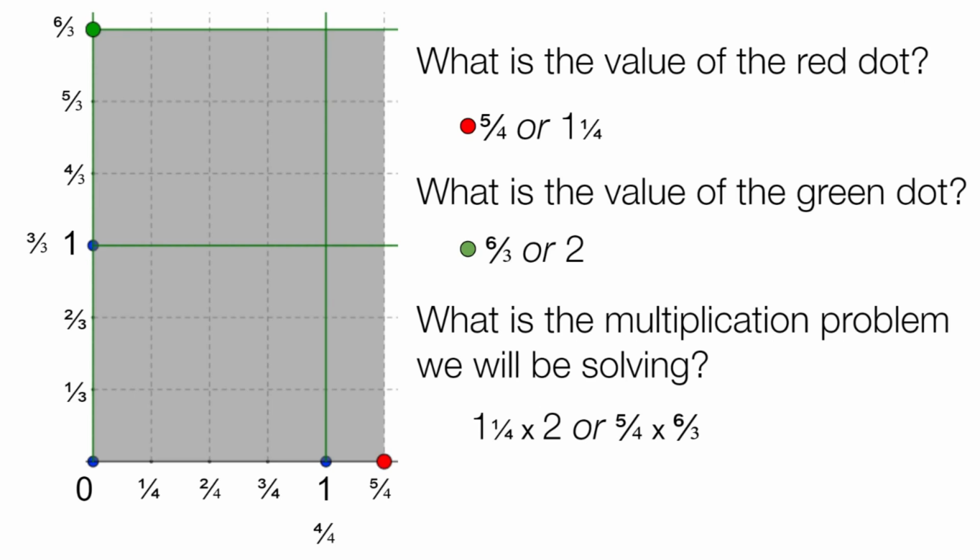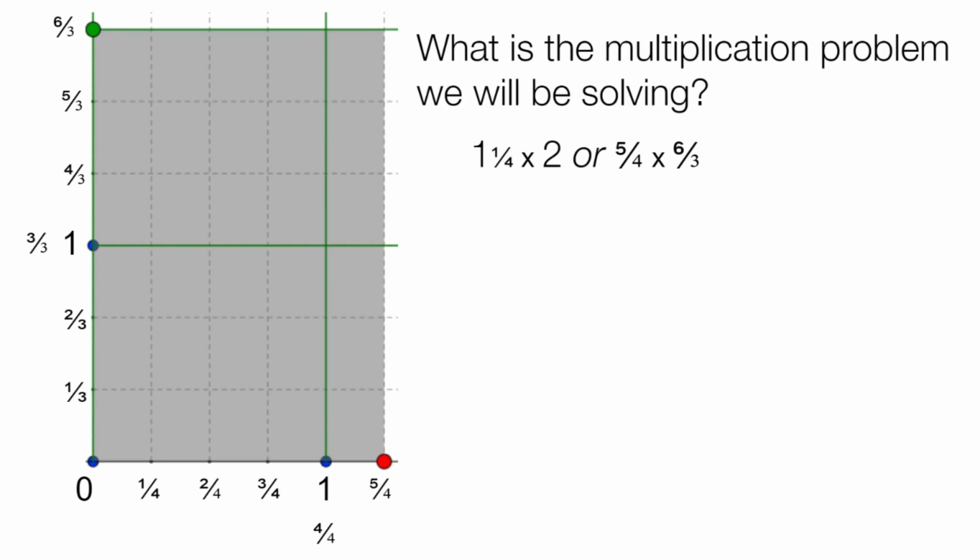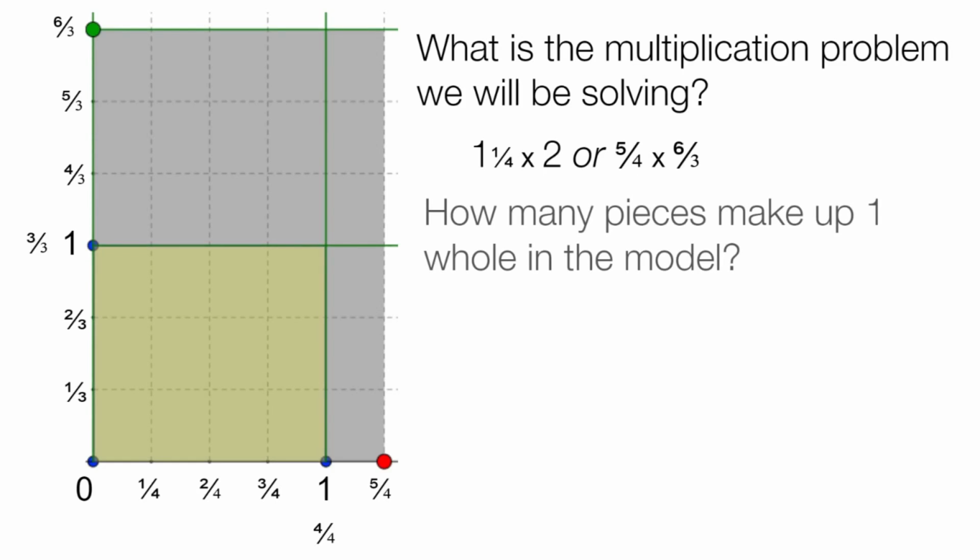I'm going to reset my slide to give us more room. So there's the problem we're going to be doing. Let's look at 1 whole. How many pieces make up 1 whole in the model? Just count the yellow rectangles.